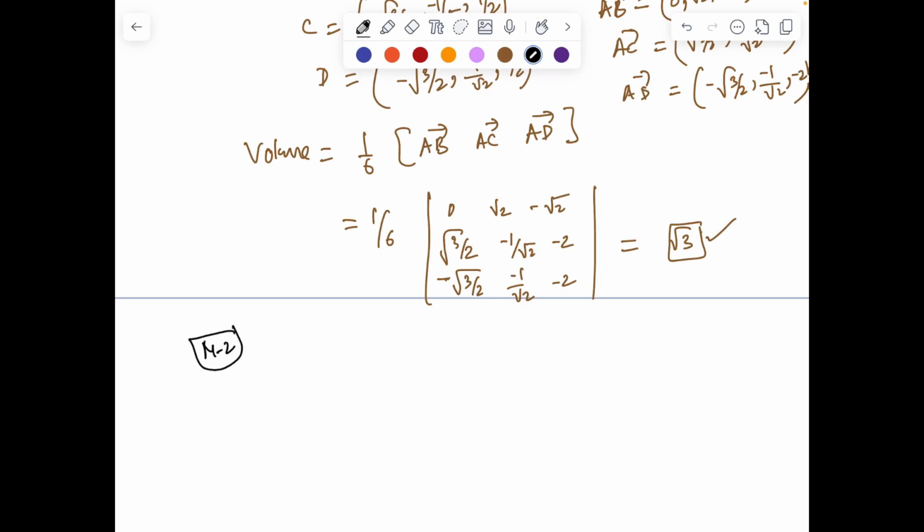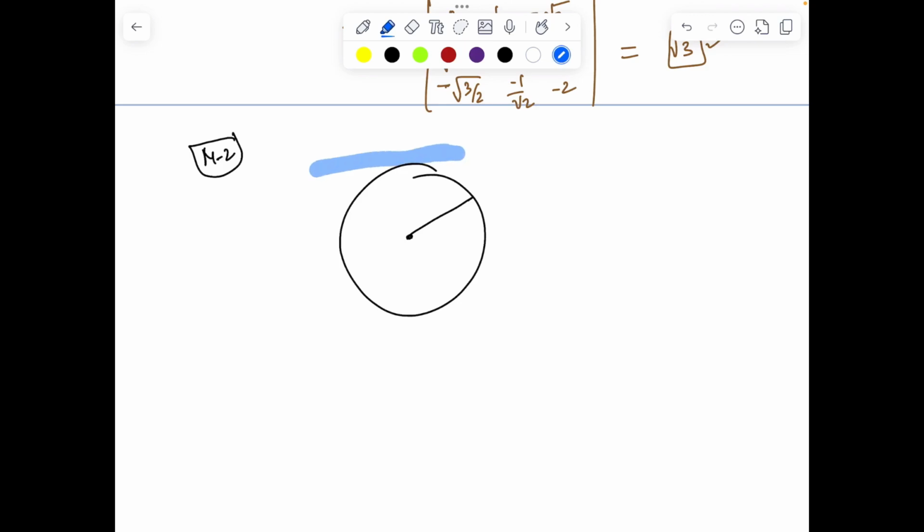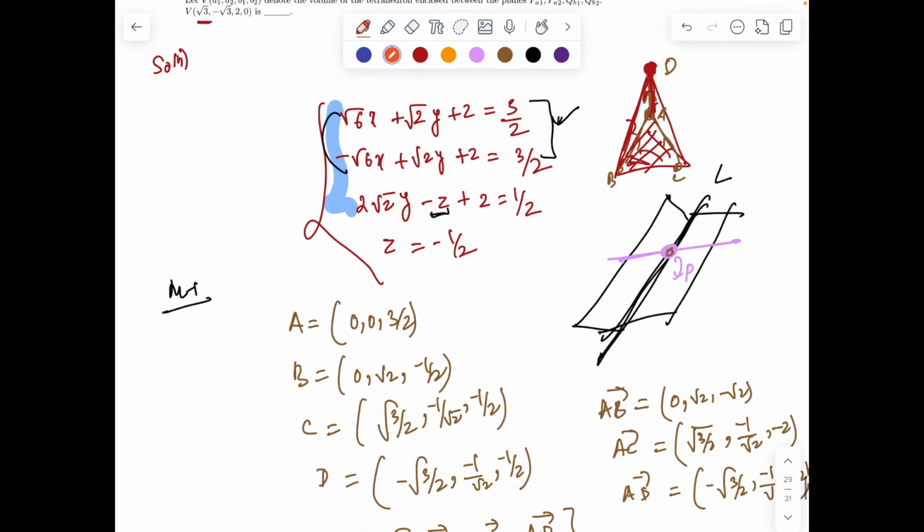Okay, you can notice that all the planes are at equal distance from the origin. It means if we have a sphere, all these planes are basically tangential to this sphere, right? All these planes are tangential to this sphere, and hence they form a tetrahedron over here. So in that sense, we have to find the volume of the tetrahedron formed there, because of the distance from the origin to all these planes.